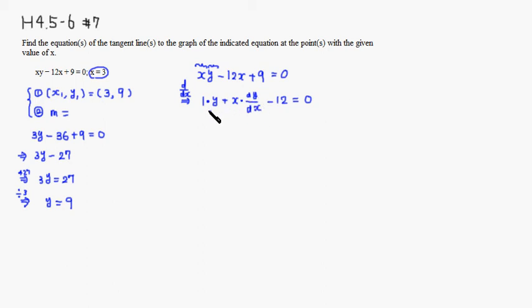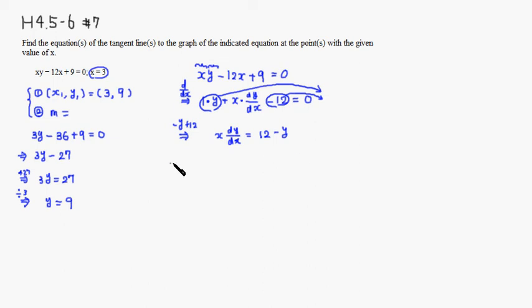All right, so we're going to put all the terms that have no dy over dx onto the other side. You can see that here is y. I'm going to put it on the other side by subtracting y, and also negative 12 onto the other side by adding 12. So these two terms will be placed on the other side. We have x times dy over dx equal to 12 and also negative y.